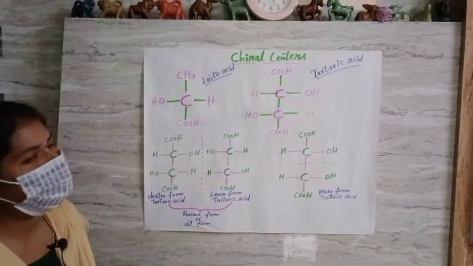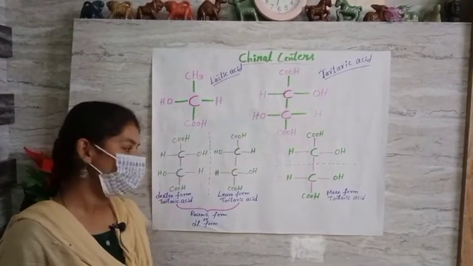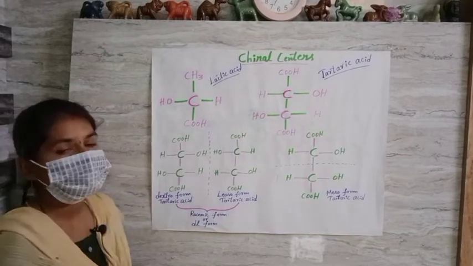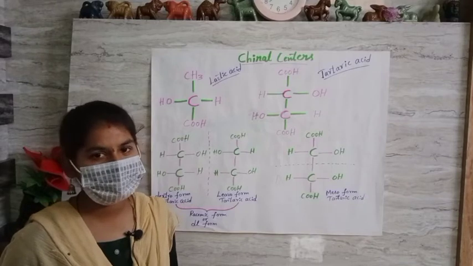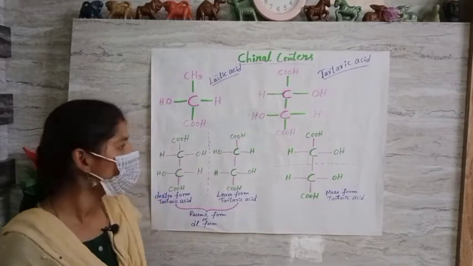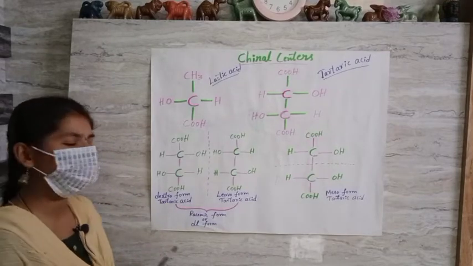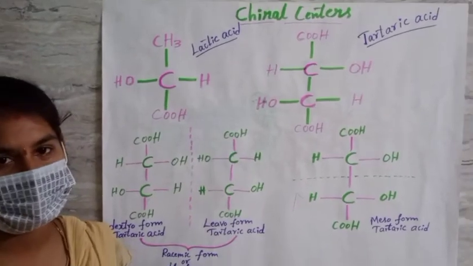And the activity of tartaric acid can also be explained in one more form, that is the racemic form. The racemic form is represented with a small letter DL, or it can also be represented as plus or minus, since this racemic form is a combination of equal quantities of dextro and levo forms.